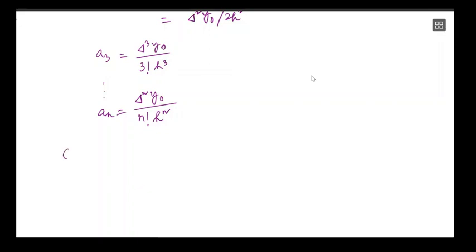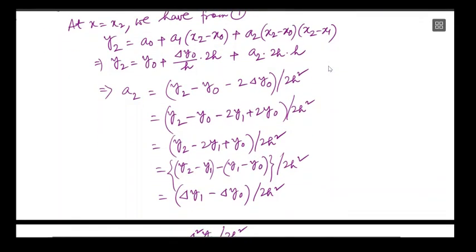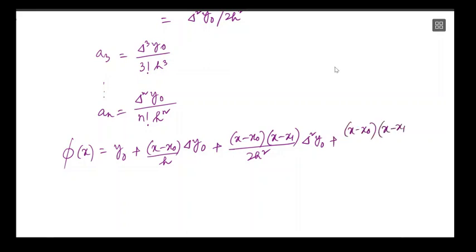Thus finally we will have the polynomial phi x equals y0 plus x minus x0 times delta y0 by h, plus x minus x0 into x minus x1 by twice h square delta 2y0, plus x minus x0, x minus x1 into x minus x2 by 3 factorial h cube delta 3y0.